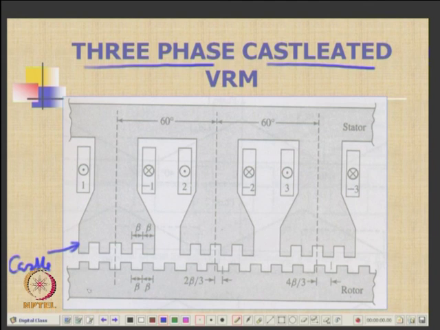What is done is the rotor has so many uniform teeth, and the stator has poles. These are the poles, say 1, 2, 3 or whatever, but they are also cut in exactly the same way.